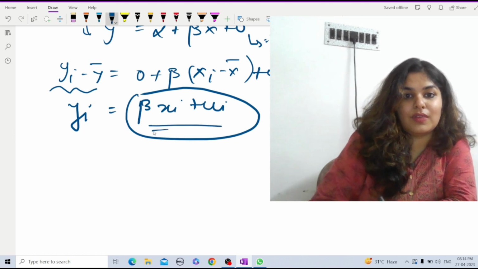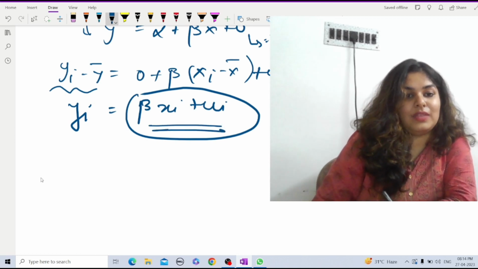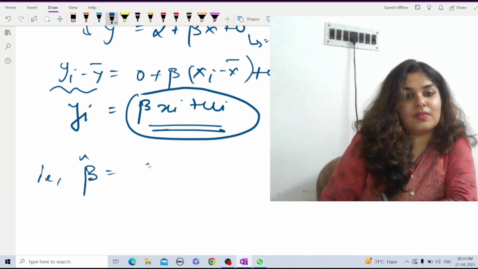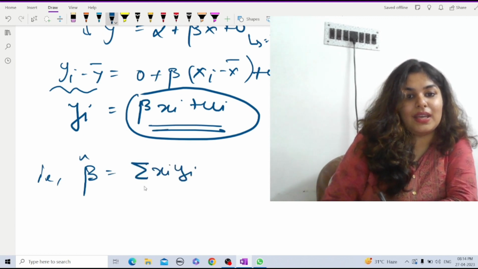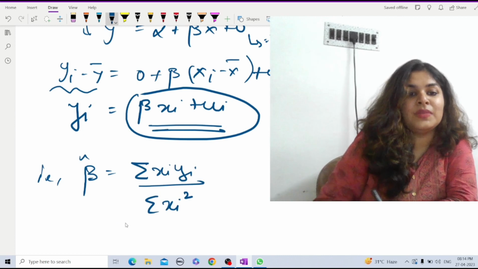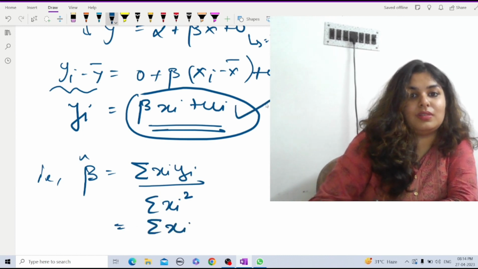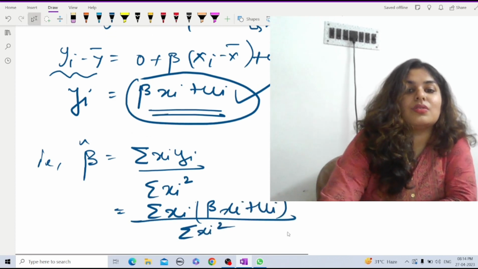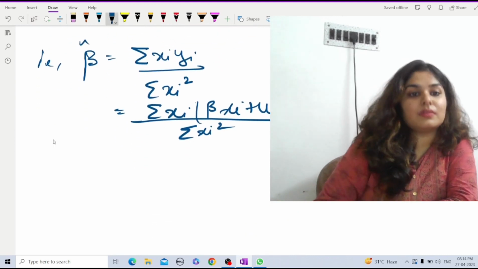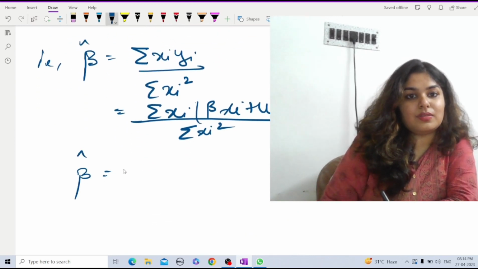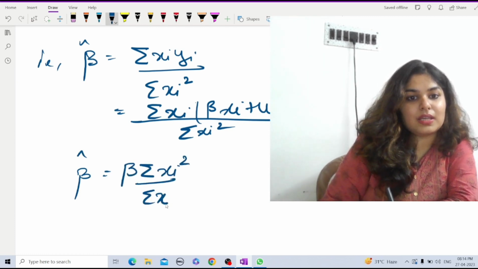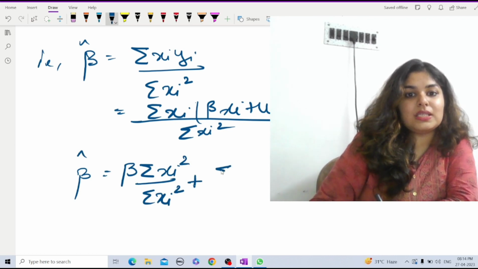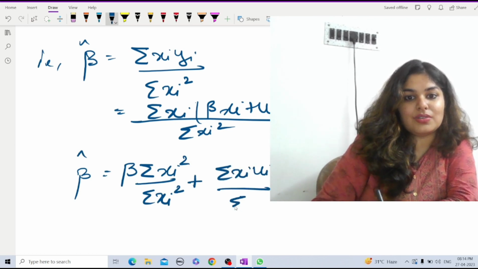So I'm going to put this value in the yi value, since beta hat is equal to summation small xi yi by summation xi squared, in place of yi I will write this value, that is beta xi plus ui by summation xi squared. So now here what we have got is beta hat is equal to beta summation xi squared by summation xi squared plus summation xi ui by summation xi squared.